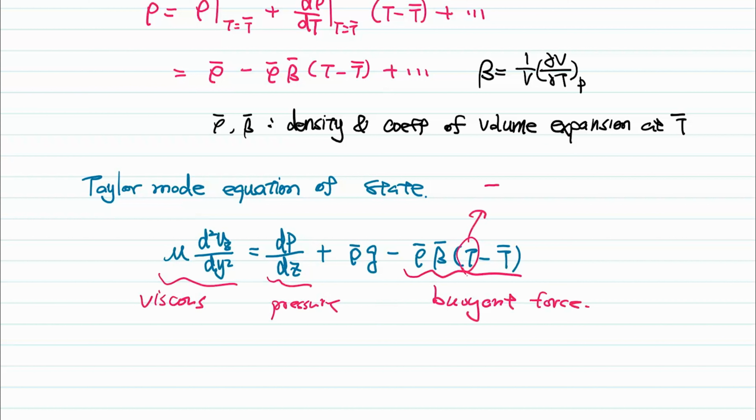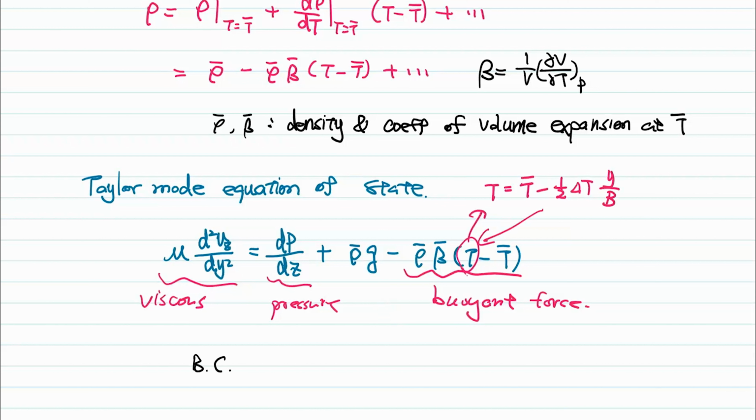So T equals T bar minus 1/2 delta T times y over b. You substitute that back in, and you can solve for your velocity profile with the boundary conditions.